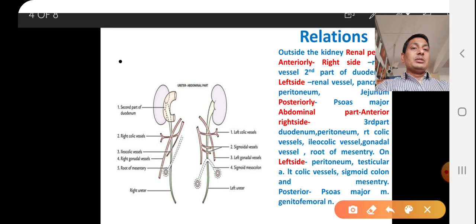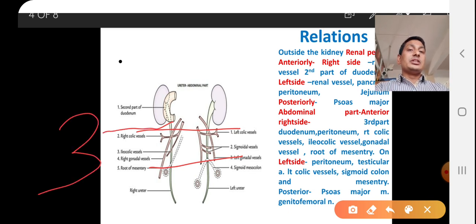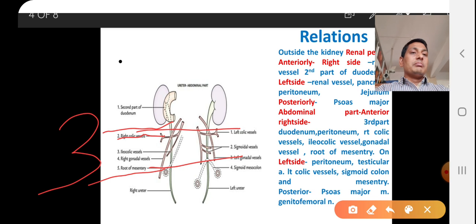Then the abdominal part. On the anterior side, the right-sided ureter is related to the third part of the duodenum, the peritoneum, the right colic vessels and the root of the mesentery.